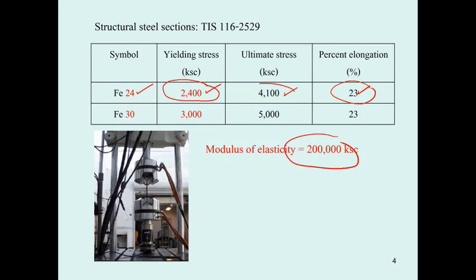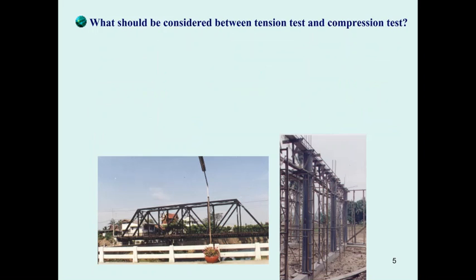If you test a steel and it doesn't pass one of these, that means the steel doesn't pass the TIS 116. That means you have to reject that steel back to the factory and ask them for a new set of structural steel.